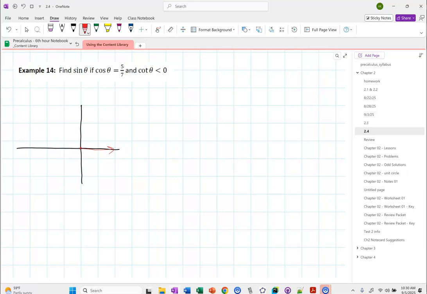If I look at what I'm given, I know that cosine is positive, cotangent is negative, and as a result, tangent is also negative. So if I go back to my all silly turtles crawl, what quadrant is cosine positive but tangent negative? It's in quadrant 4. So my terminal side needs to be down there.